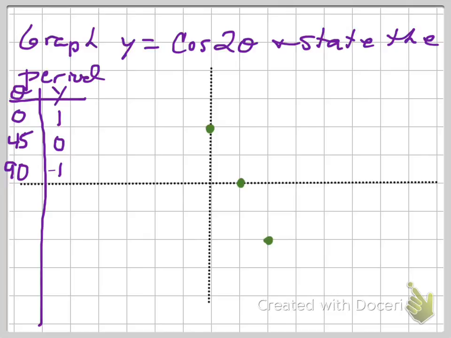So our dolphin is taking that path in this problem. A little more adventurous than the last one. Let's move on. 135. 135 times 2 is 270. And the cosine of 270 degrees is 0.